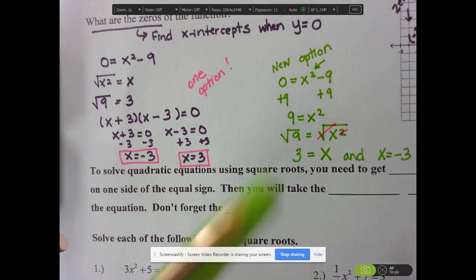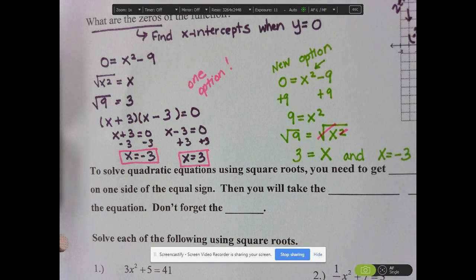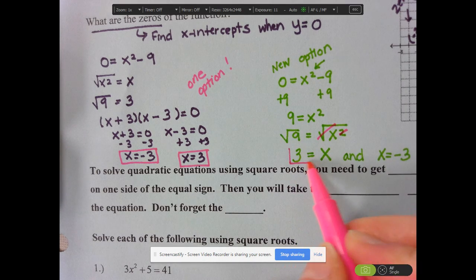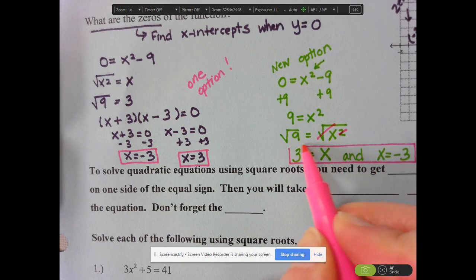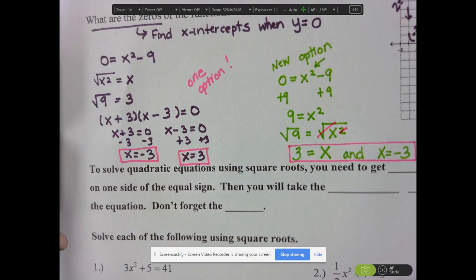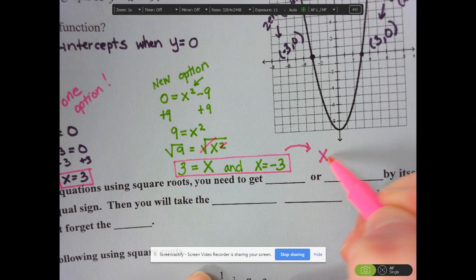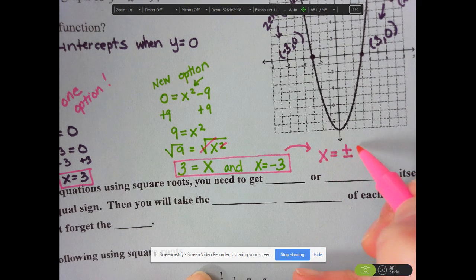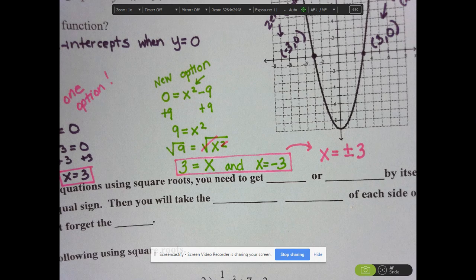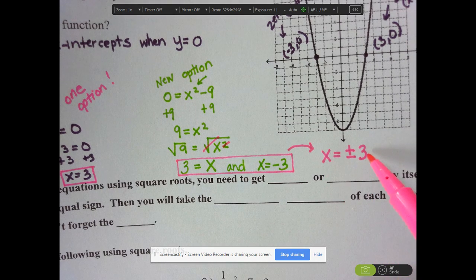If we use our new option, we're going to get an answer, but you should always have 2 of them. One positive, one negative. And you will often see it written like this. X equals plus minus 3. That means that x is going to equal a positive 3, and x also equals a negative 3. So we're going to use that new terminology.